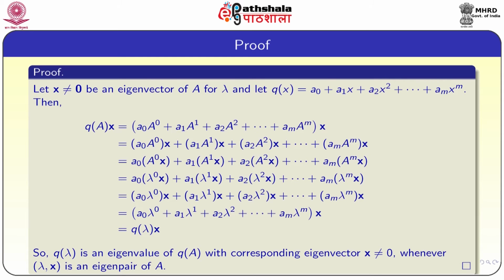So we have a0 into lambda power 0 plus a1 lambda plus a2 lambda square and so on, am lambda power m, into x, which is equal to q of lambda into x. So what we proved is q of A into x equals q of lambda into x. So q of lambda is an eigenvalue of q of A with the corresponding eigenvector x not equal to 0. So whenever lambda, x is an eigenpair of A, q of lambda, x is an eigenpair of q of A.